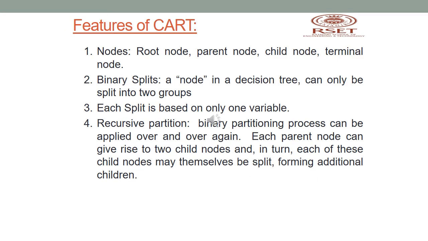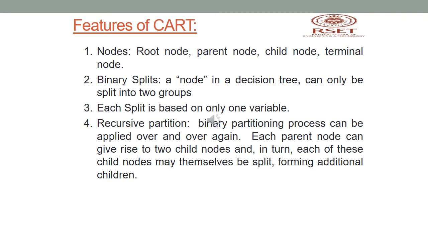Let's see what the different features of CART are. Definitely any decision tree contains nodes. So for CART, first of all the feature is nodes: the root node, parent node, child node, terminal node. The second one is binary splits. A node in a decision tree can only be split into 2 groups, and each split is based on only one variable.